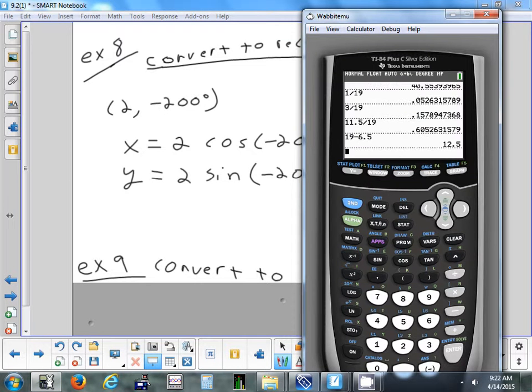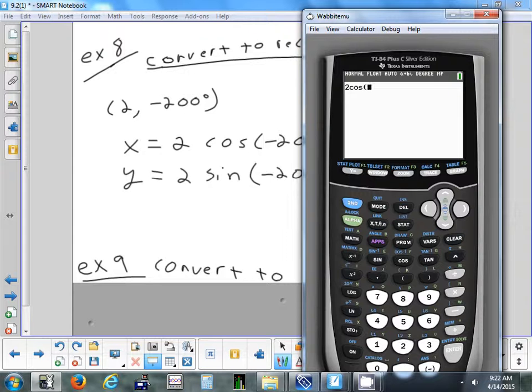Since 200 is not a multiple of 30, and it's not a multiple of 45, we're not going to get nice answers here. For some angles that are multiples of 30 or 45, you will get a nice answer. Not this time.